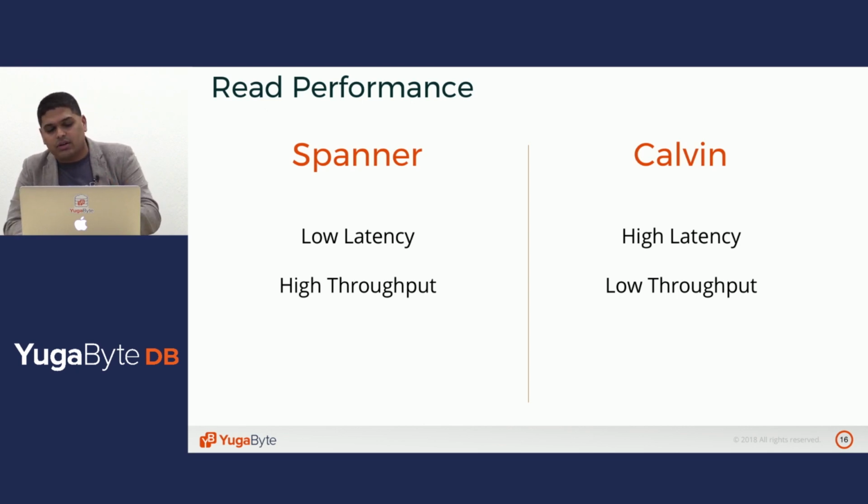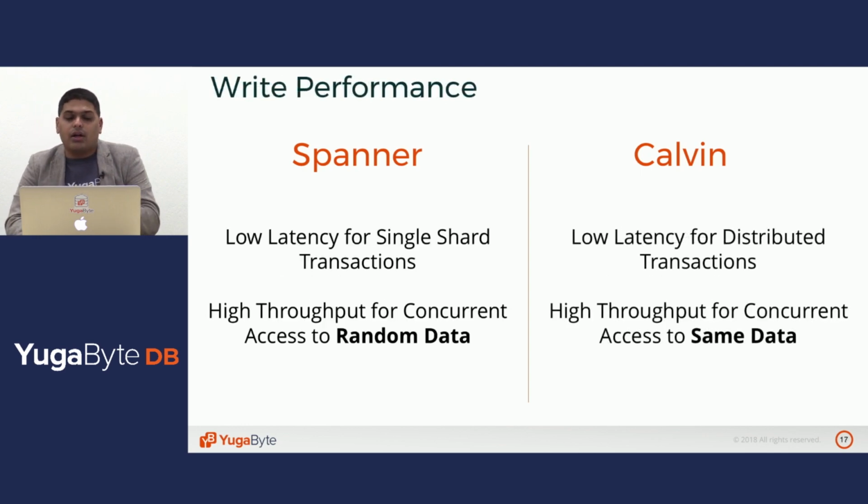So read-wise, Spanner is a clear winner. Write is where it gets a little bit more interesting. In case of Spanner, Spanner has low latency for single shard transactions because the single Paxos group responsible for that particular shard and its leader is able to take care of that transaction, which means that in order for Spanner to shine, you need to be talking to lots of random shards at the same time.